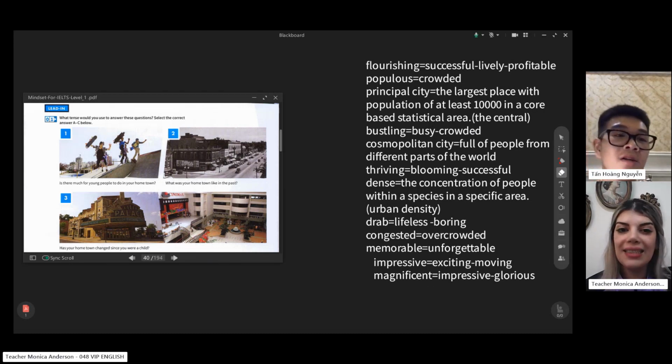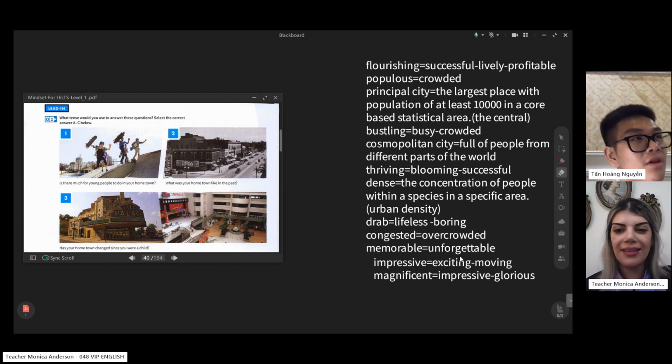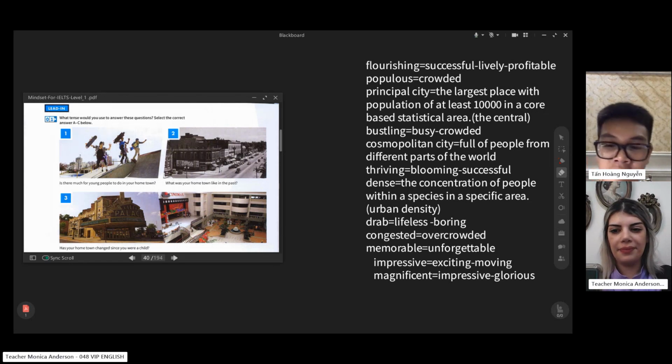Most definitely, I think my hometown isn't overcrowded.